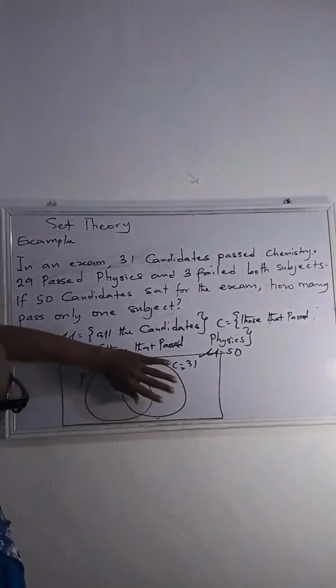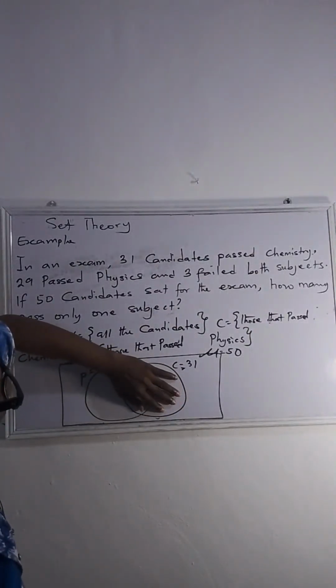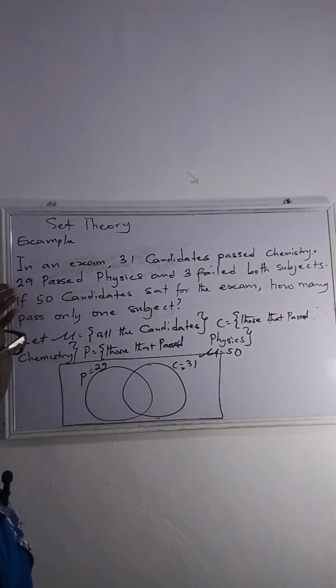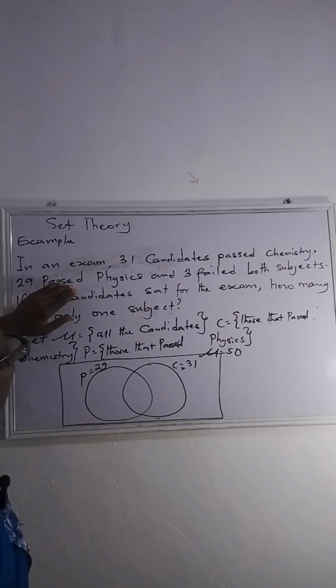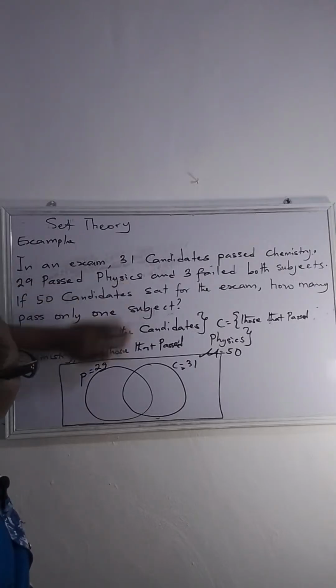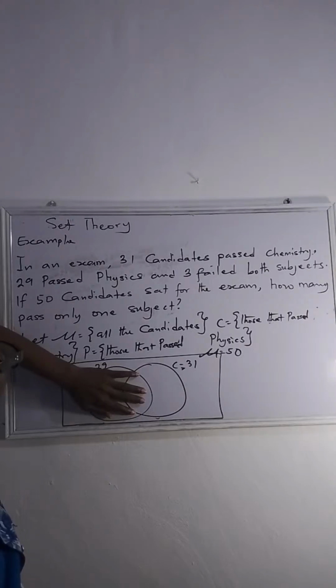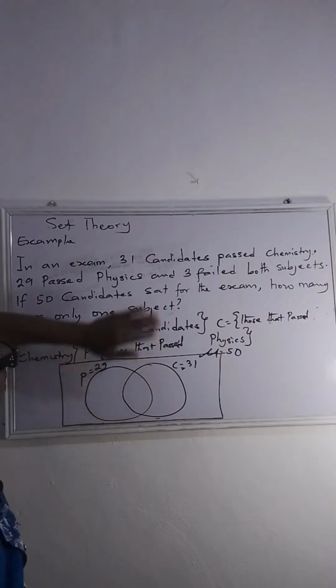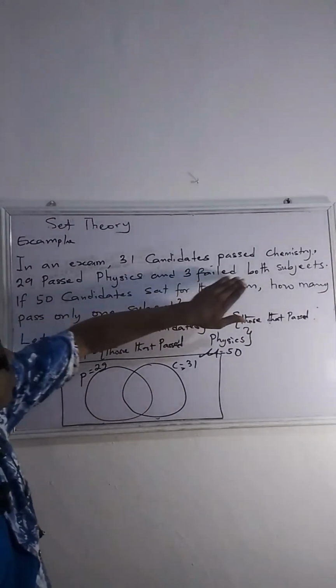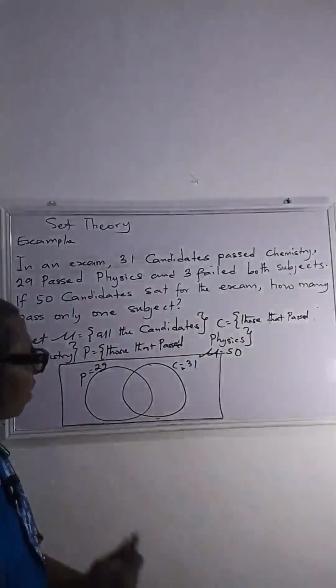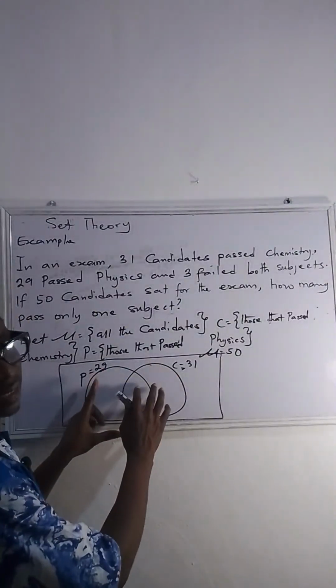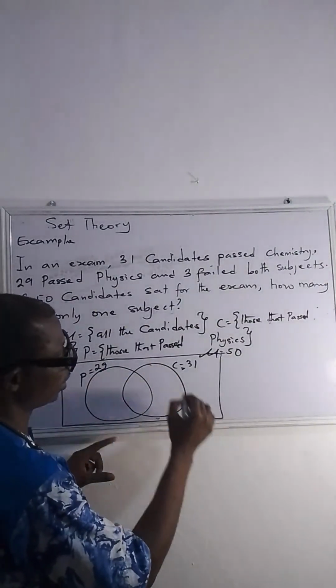This is the circle of those that pass chemistry. 29 pass physics. This is the circle of those that pass physics. And 3 failed both subjects. Those that fail both subjects will not be inside these circles. They will be outside, 3 of them.